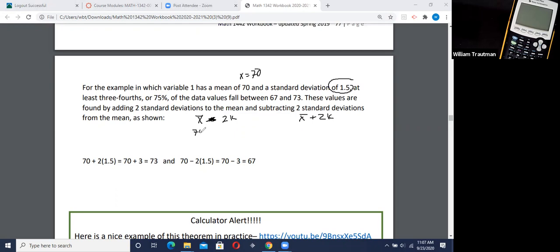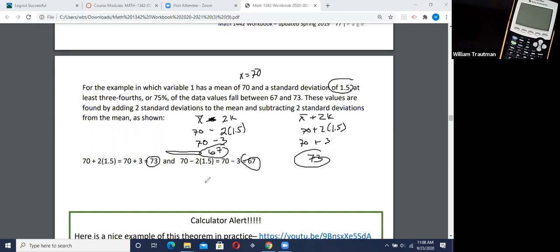The average is 70, and we're doing 2 times the standard deviation, which is 1.5. 2 times 1.5 is 3, so it's 70 minus 3, which is 67. That's the low end right here. And the high end is 70 plus 3, which is 73.